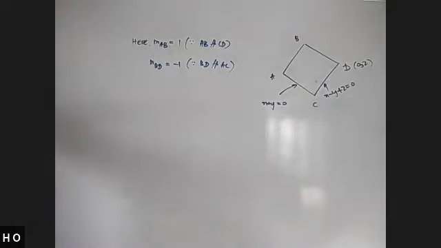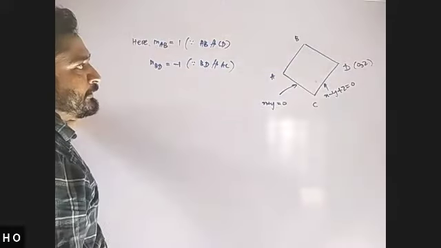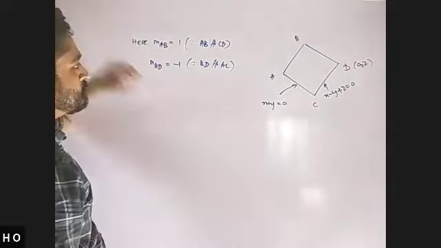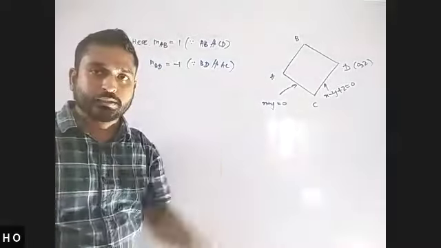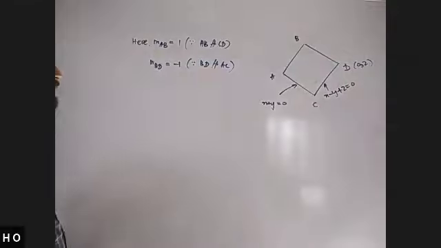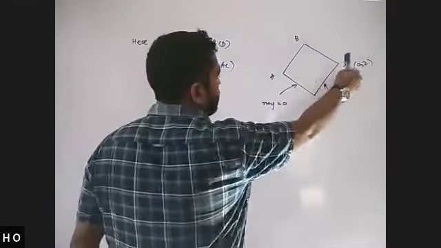So next, you can find the equation of BD. After knowing the gradient to be minus 1, you know the gradient and one point.